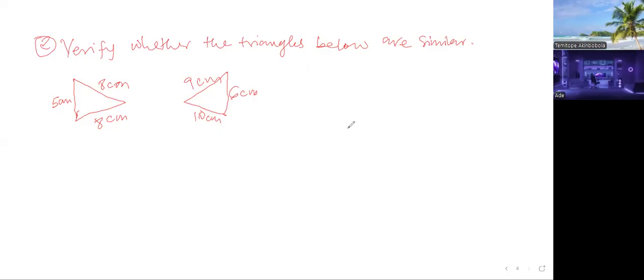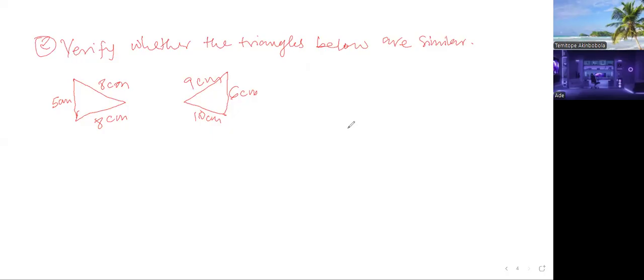They're not similar. Very good. How do you know that? Because when you put labels on it and divide, it doesn't equal the same thing. If you take their ratios, it does not satisfy any of the three conditions.